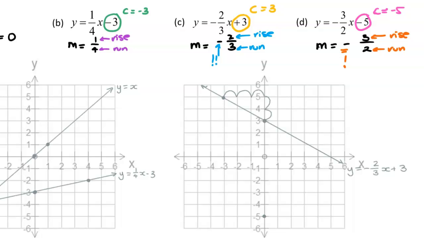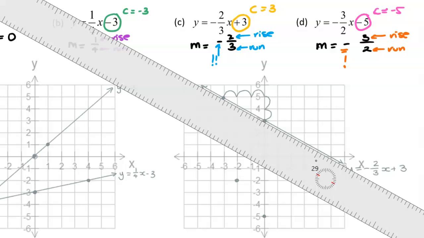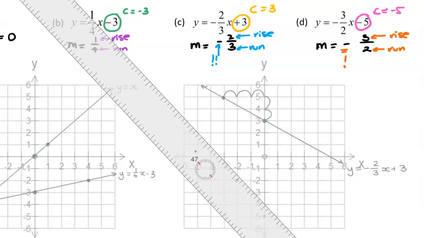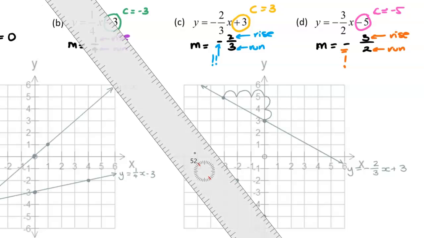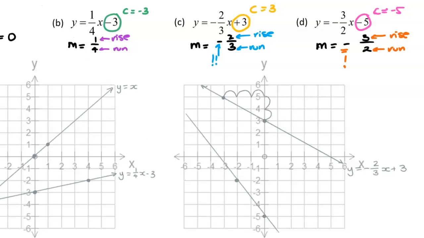So we're going to rise up by 3. 1, 2, 3. And we're going to run 2 to the left. 1, 2. You don't need to leave those jumpy lines if you don't want. So you can see running to the left here has allowed us to draw a downhill line. And let's label it y equals minus 3 over 2x minus 5. Very nice.